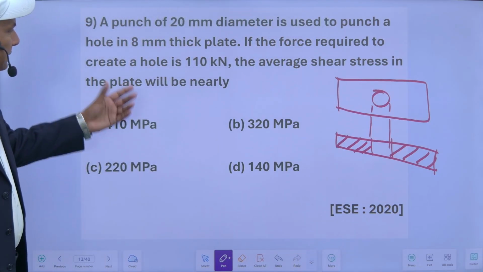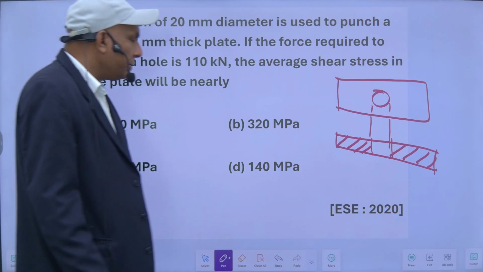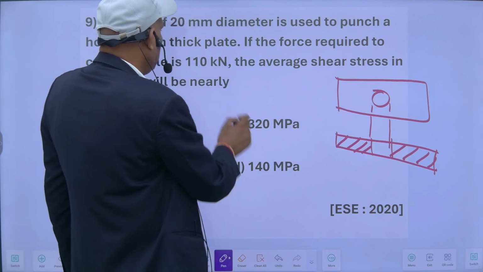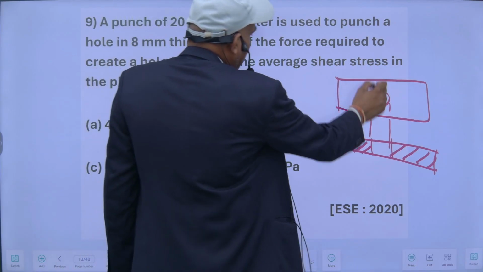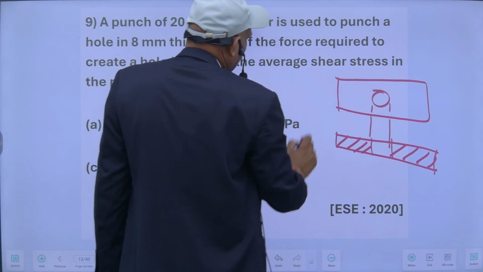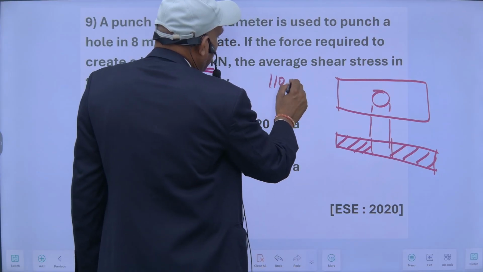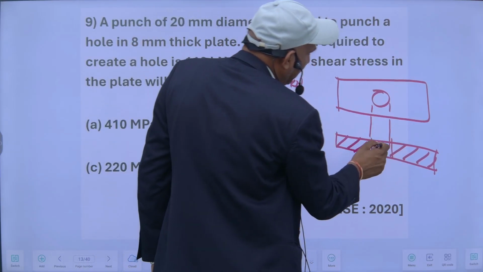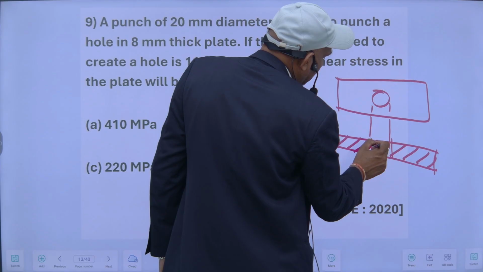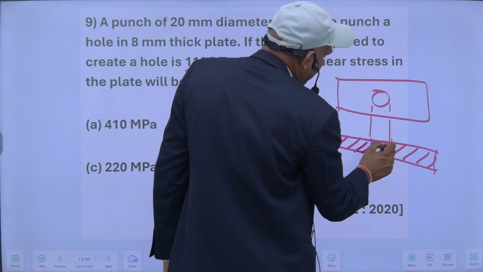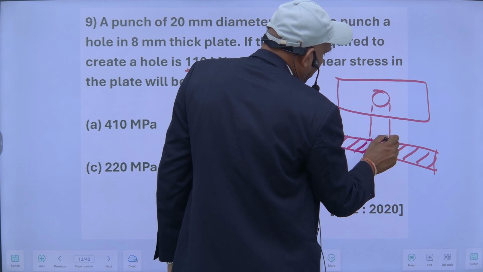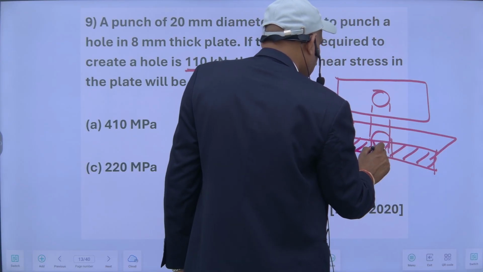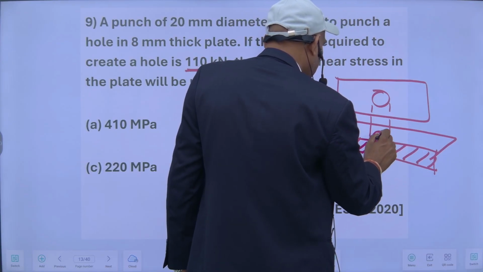The average shear stress in the plate will be how much? The force required to create a hole is the shear force, 110 kilonewton. It will be resisted by the shear stress here, on the periphery like this.